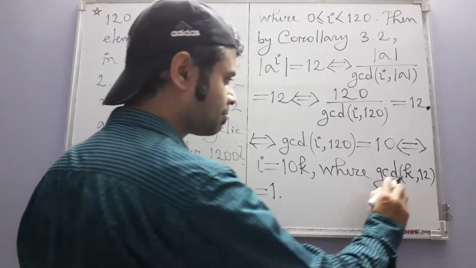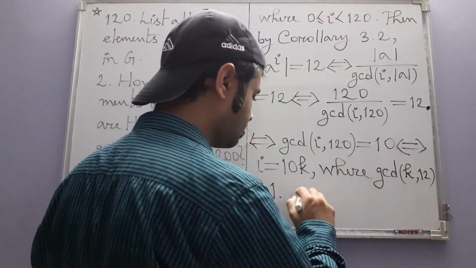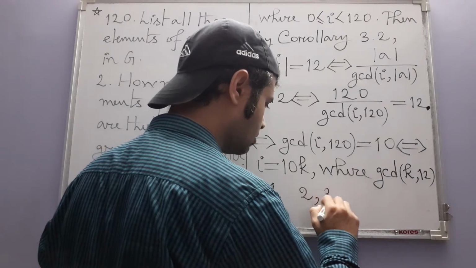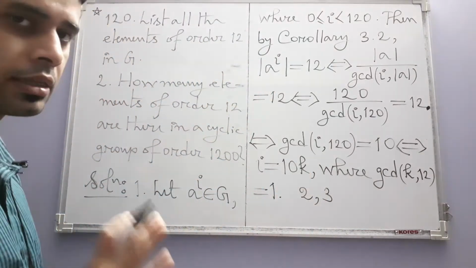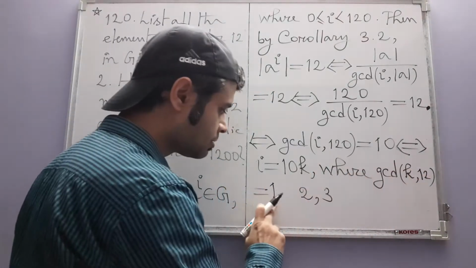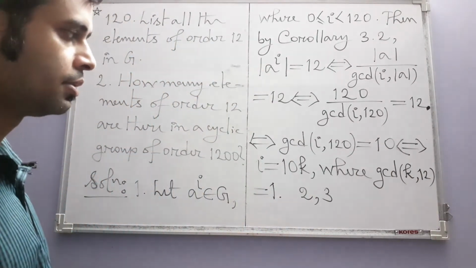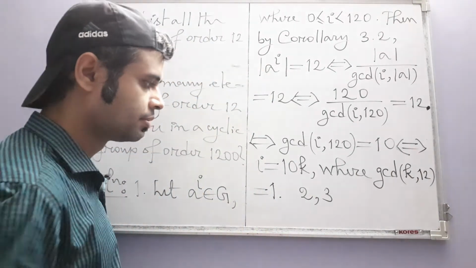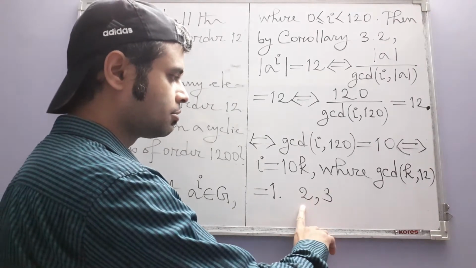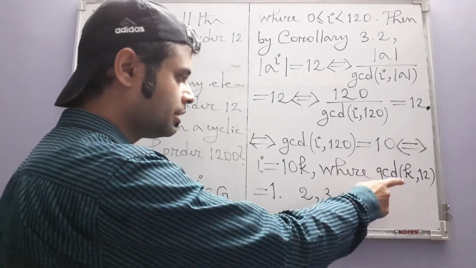Now because that prime divides 12, that prime is either 2 or 3. This is under the supposition that this thing is not equal to 1. So if this prime is 2 or 3, that means 2 divides k or 3 divides k.